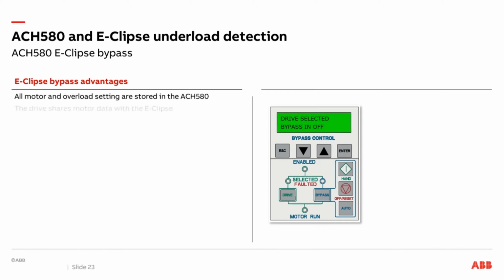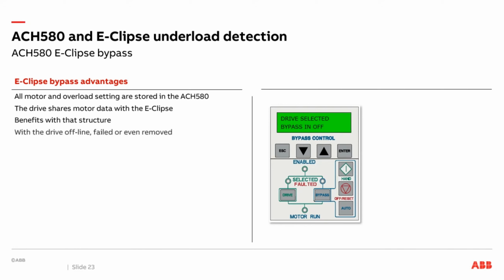And the base drive talks to the bypass module, and all motor data is shared. There are several benefits with that structure. If the VFD was turned off, failed, or even removed, the Eclipse will still operate using the correct motor data.